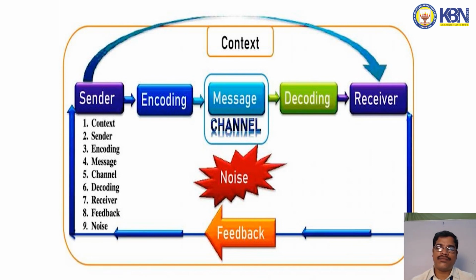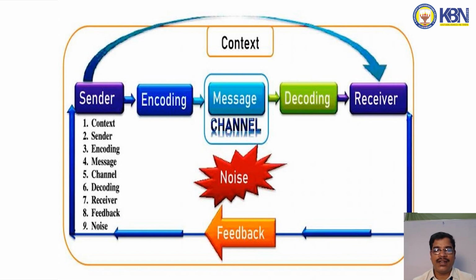If the information is being received by a receiver, he is going to decode it properly according to his requirements, according to his understandability. And after decoding and understanding the information, the receiver is going to give feedback to the sender.